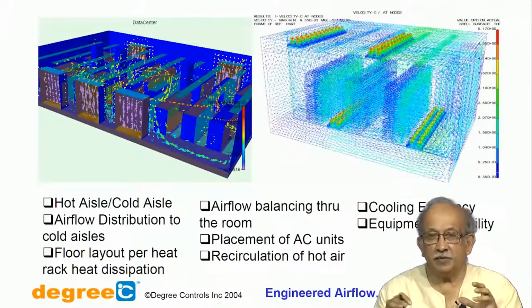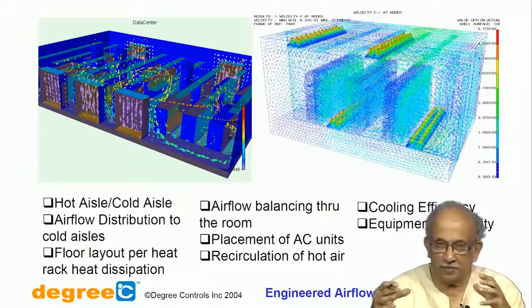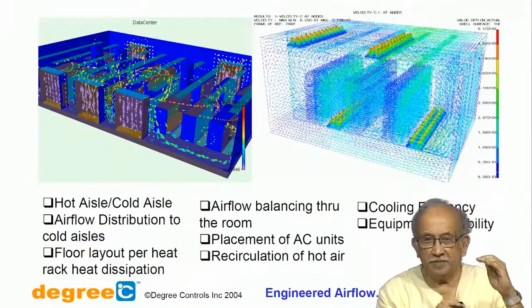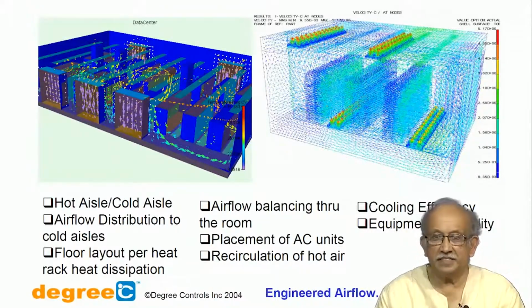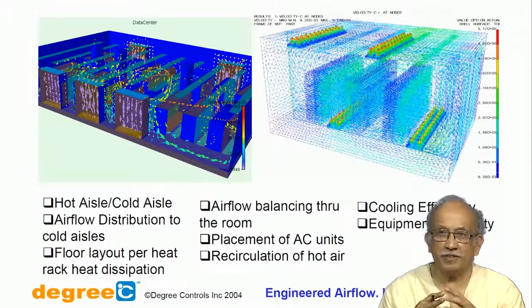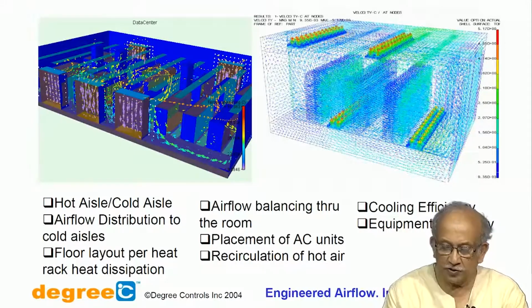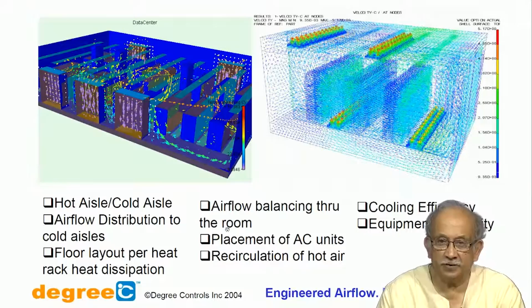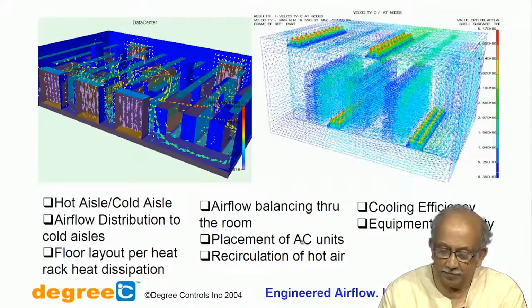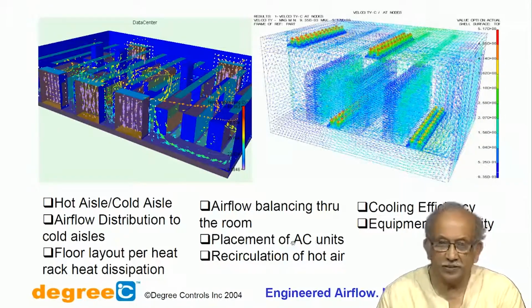So, it may be more appropriate for you to put small fans, probably about 200 to 250 mm diameter, multi-directional. You put them somewhere and ensure that airflow is balanced throughout the room, along with the placement of the AC units.